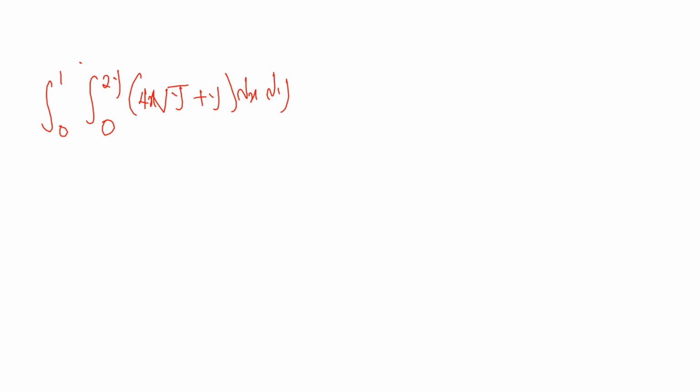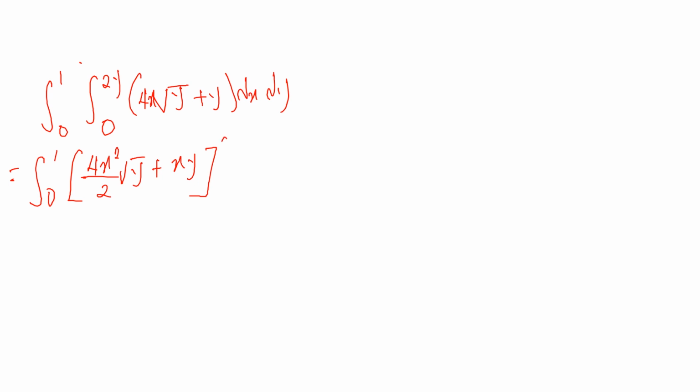So let's integrate. We'll have the integral of, if you integrate 4x root y with respect to x, we are going to have 4x squared over 2 root y, plus if you integrate y with respect to x, you are going to have xy.